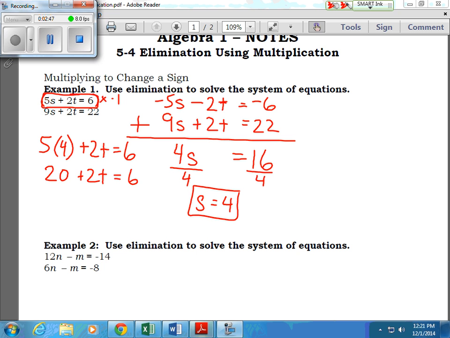Subtract 20 from both sides. I get 2t equal to negative 14. Divide by 2. T is -7. So I had to do a little bit of modification before I could use elimination.